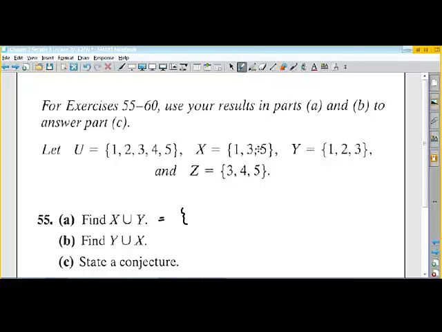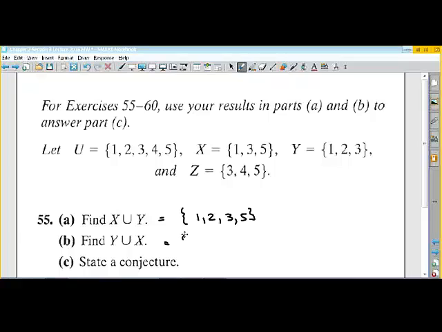So it's either the common terms or it's all the terms combined into one set. Which one is the union? All of them, right? So the union would be 1, 2, 3, 5. Those are the elements that are in either set, and you're basically looking at all the possible elements.